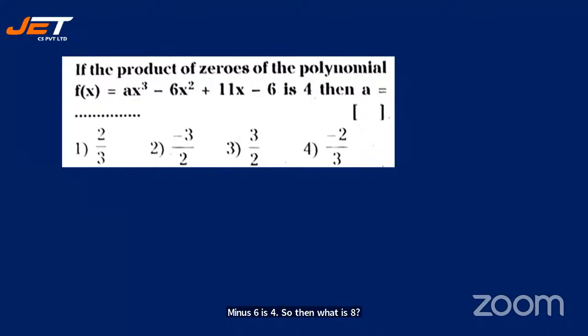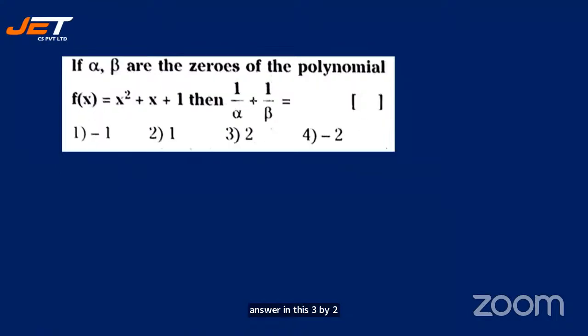Let me see how many are giving me the right answer. Sandhya, Taruni, Rakesh, Sai Vardhan, Shivani. Okay. All right. Check the answer. It is 3/2. All right. Yes. See the next question.